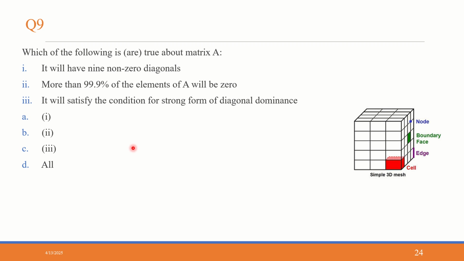Yeah, just look at it, we will see the answer.